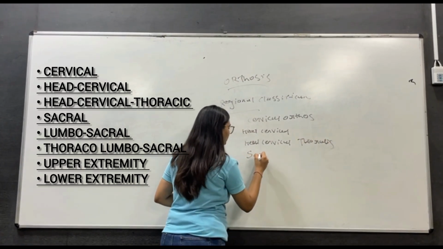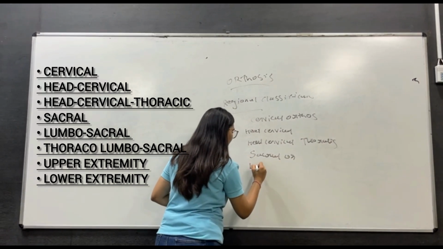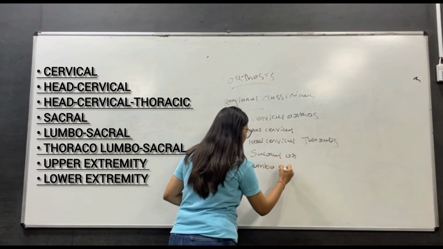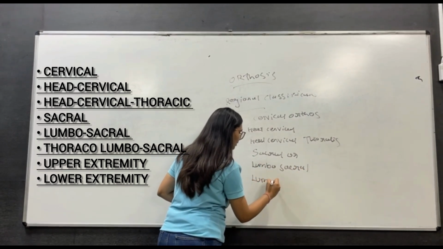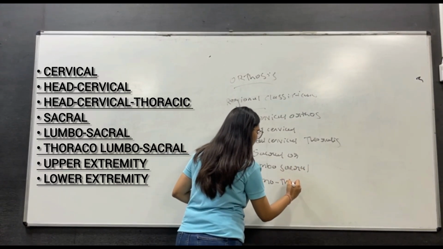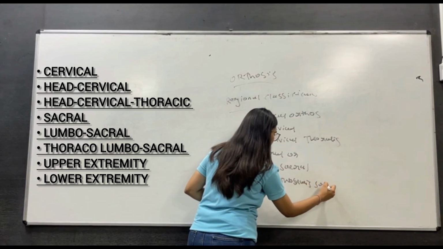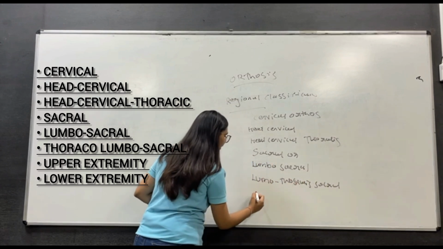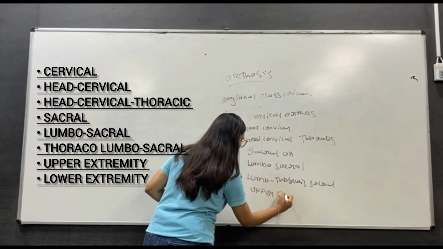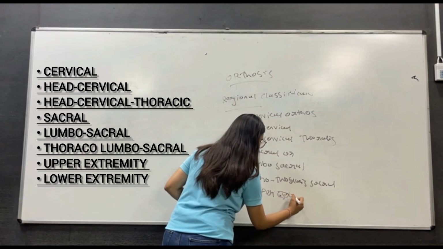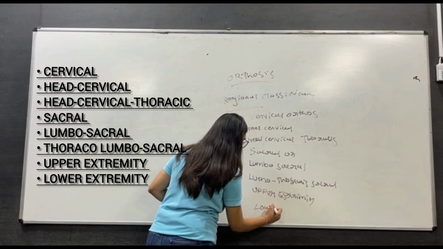Thoracic orthosis. Then sacral orthosis. Lumbosacral orthosis. Lumbothoracic sacral orthosis. Then upper extremity orthosis. And lower extremity orthosis.